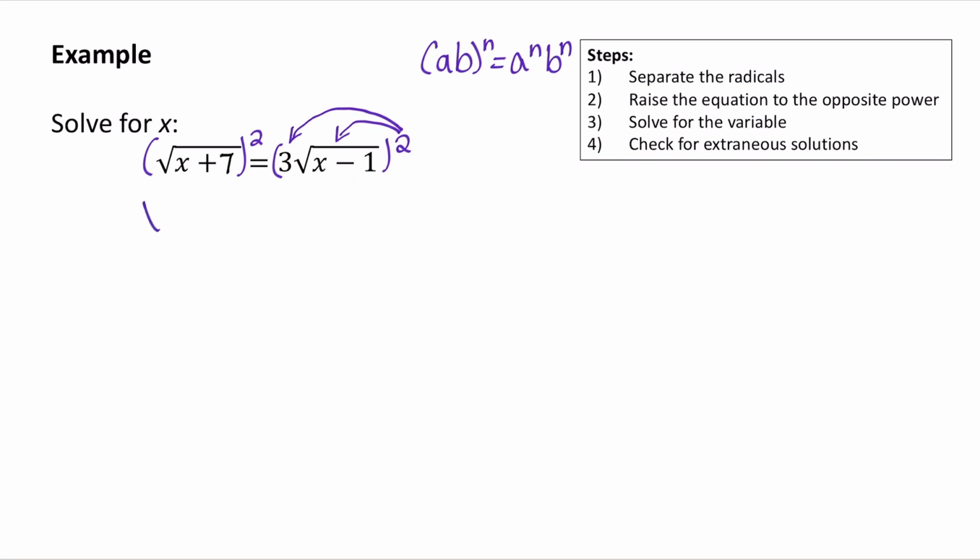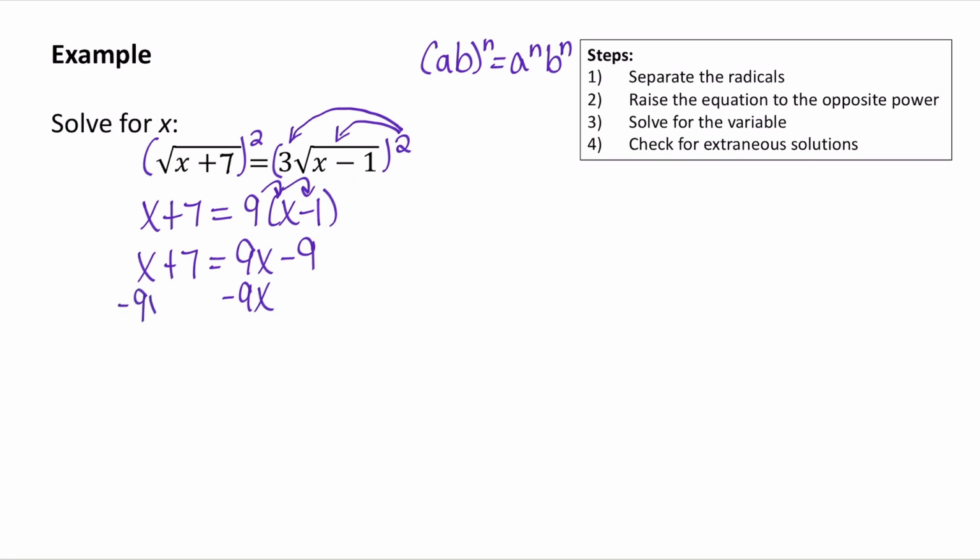So that means that on the left side I have x plus 7, but then on the right I have 3 squared, which is 9, and then 9 times x minus 1. So now to solve this problem, I'm going to start off by distributing the 9. So I have x plus 7 equals 9x minus 9. Now I'm going to collect all my variable terms on one side by subtracting 9x from both sides.